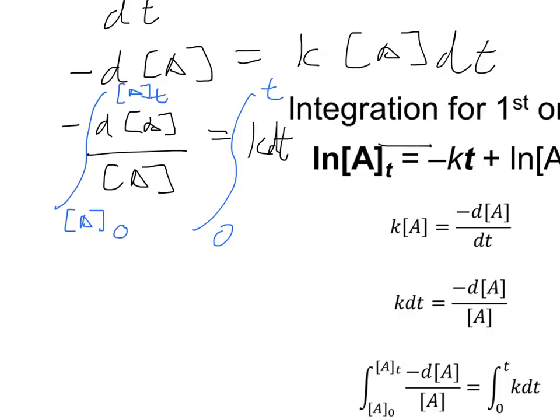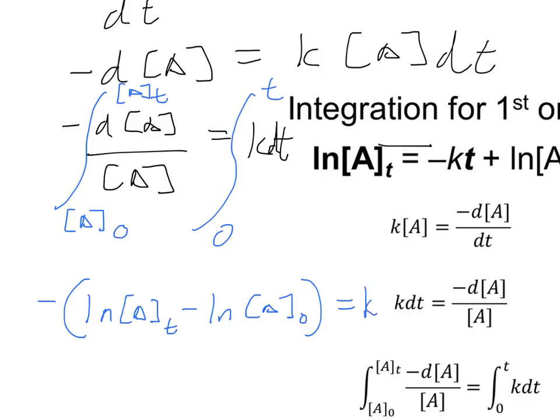When we do that, we discover we get a negative. The integration of A to the negative 1 power would be the natural log of A. So we've got the natural log of A sub t minus the natural log of A sub 0 equals, and the dt integrates to just t. So we've got k times t over on that side.